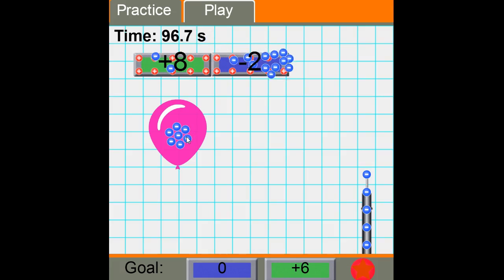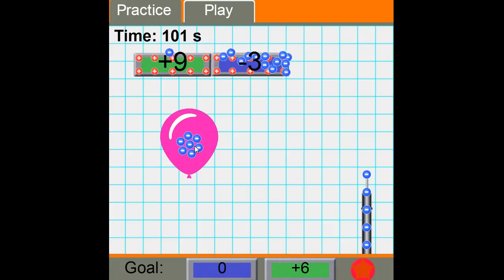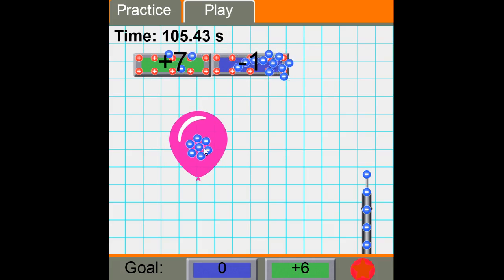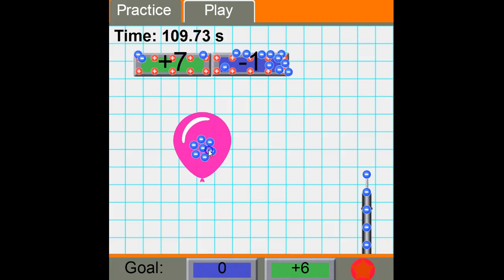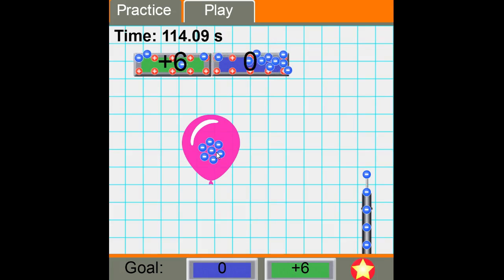It's almost there, probably gone a bit too far. I've gone too far this time, so let's see if I'm almost there now. +8 and -2. It's getting closer. And there you can see it's just reaching it.